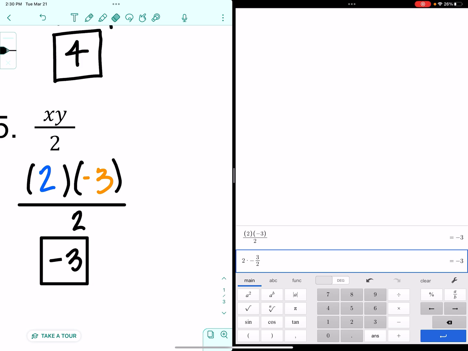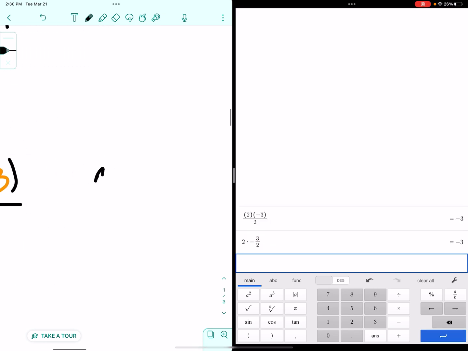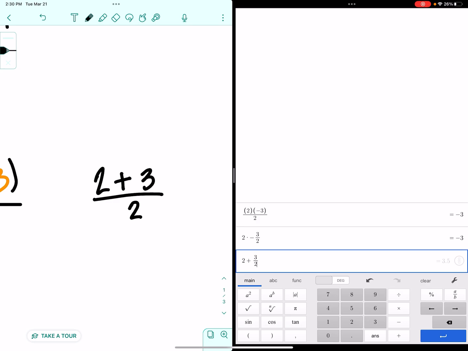Sometimes, if we have maybe an addition problem, they might do, so let's say we had 2 plus 3 divided by 2. They get in a hurry and they do 2 plus 3 divided by 2.